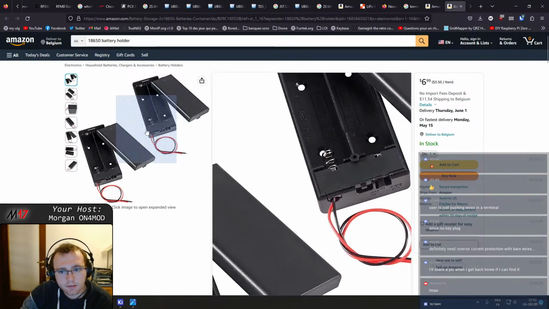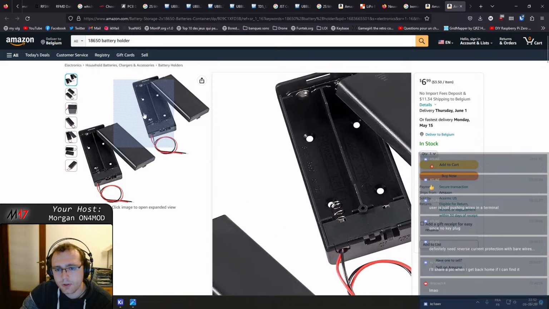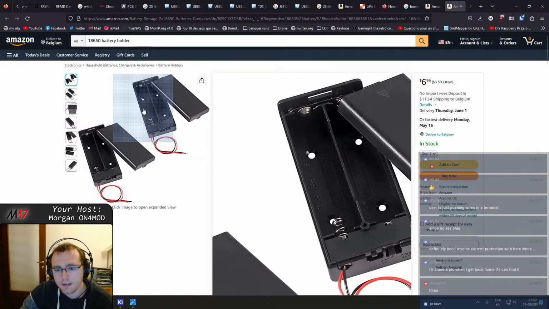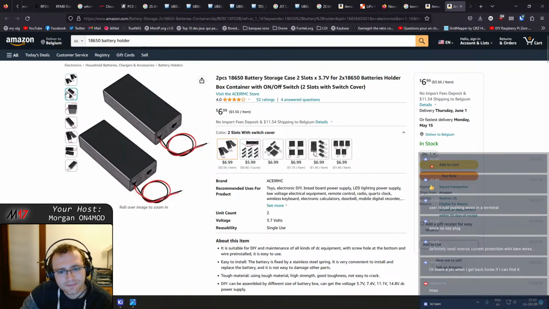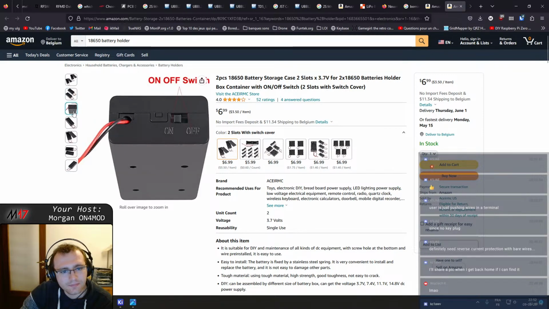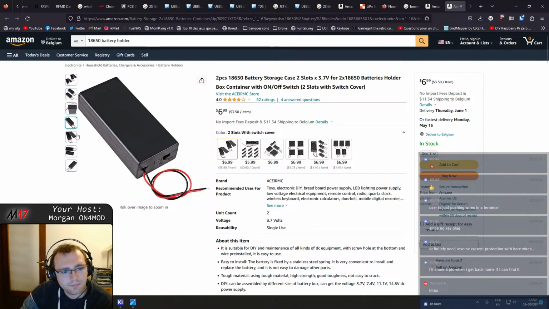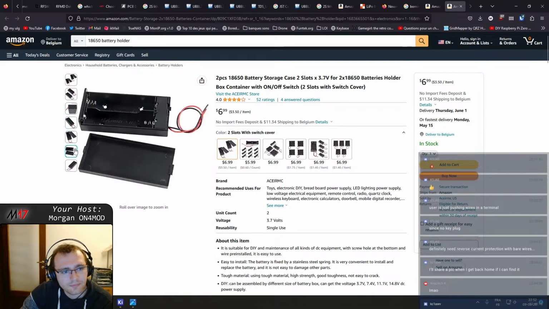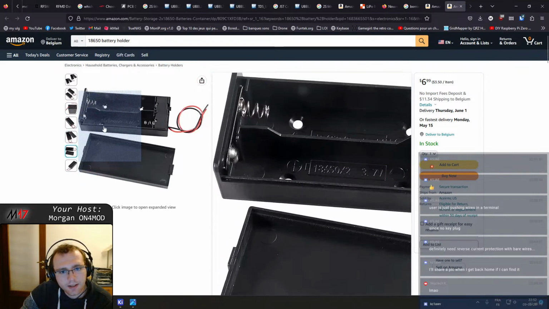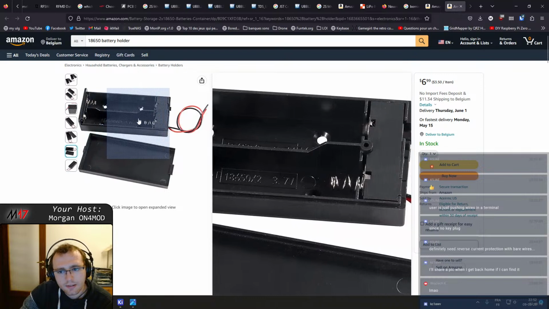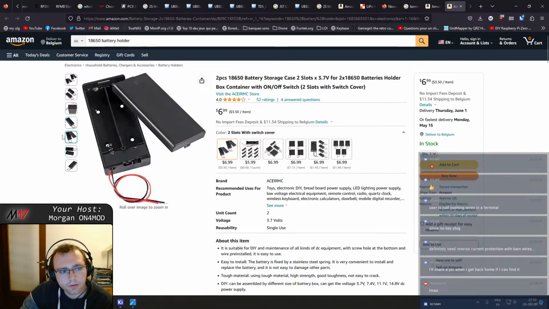Yeah, this looks suspiciously like the one that we were looking at previously. Yeah, it looks like this is going to output 7.4 volts.